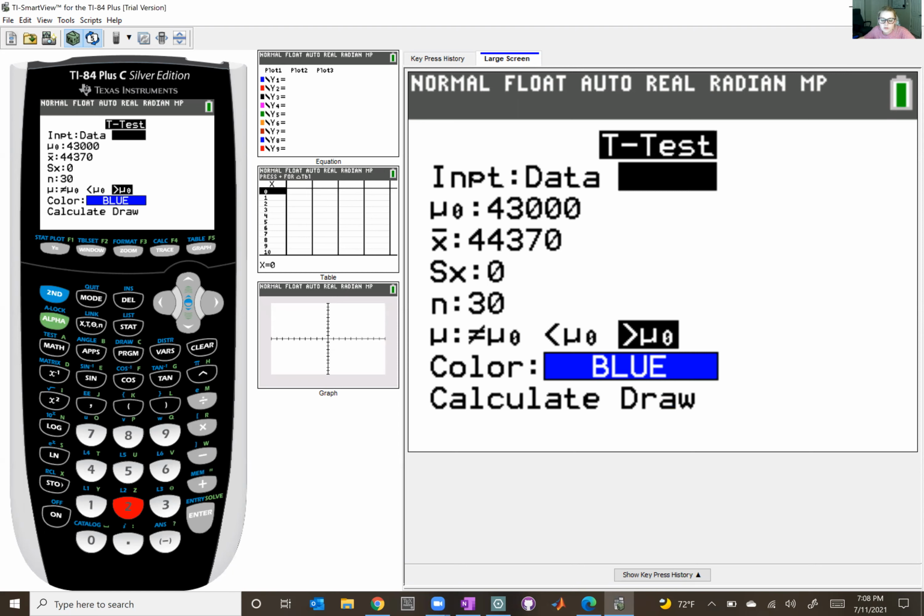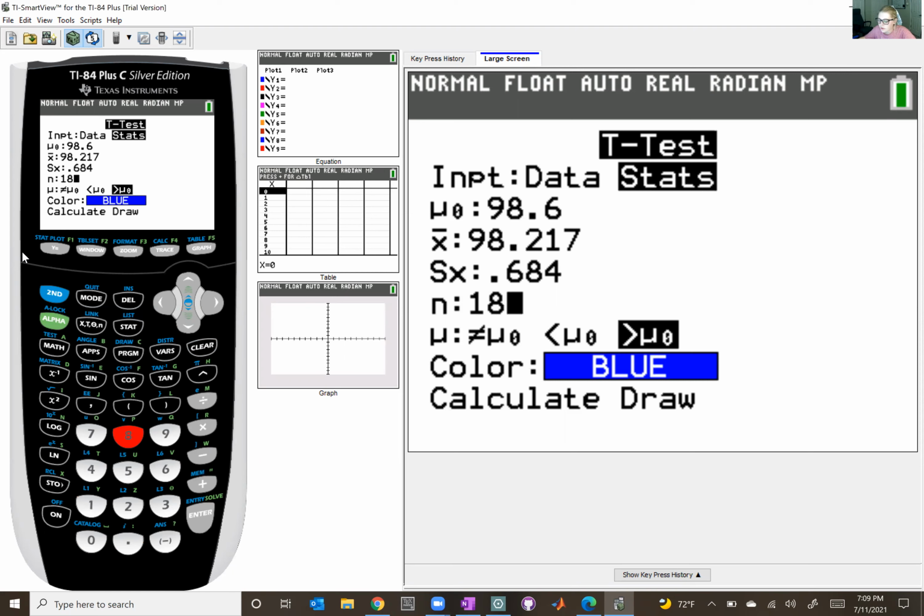I want to put in whatever mu is, so in our case, that's 98.6. Then my x bar, which in my case is 98.217, and my standard deviation is 0.684. And then my n is 18.